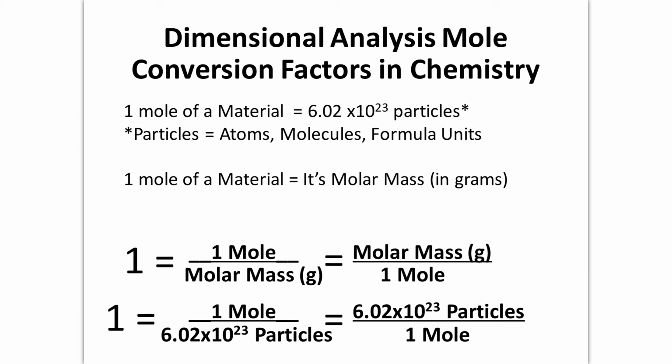We can write them either way as far as conversion factors because they're all equal in size. The same with my mole and particles down here, right? These are all equal to each other. 1, which is the ratio of this magnitude to this, is equal to this, right? Okay, so now we're going to use those in our conversion factors for our next set of problems.